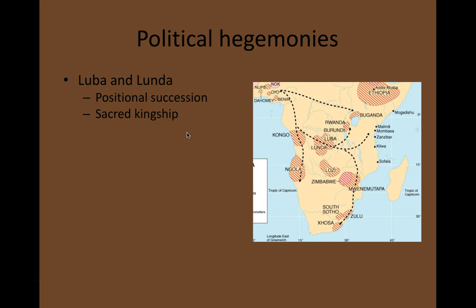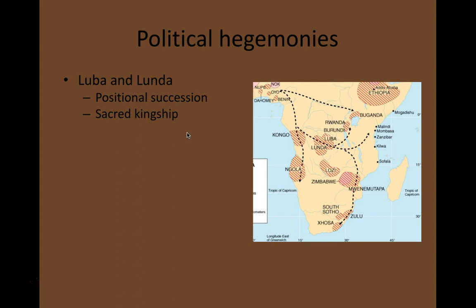So Luba had a king who was thought to be semi-divine or holy. At least when the king died, he was thought to become a deity. And the existing king, the living king, was tied, even in terms of being a medium for the spirit of the old kings, the deceased kings.